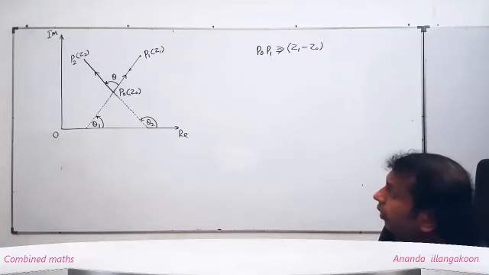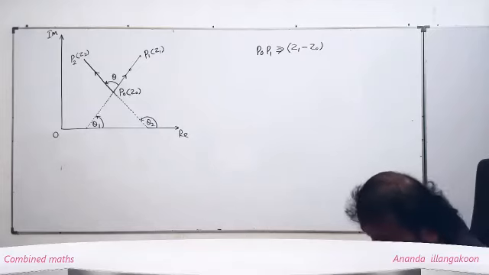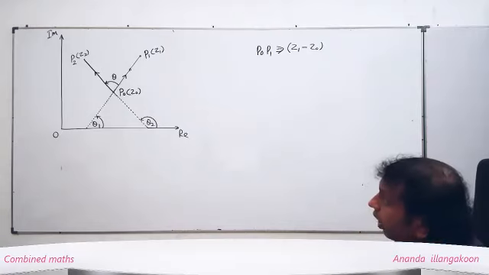Let the points P0 and P1 represent the complex numbers Z0 and Z1 respectively in the Argand diagram.